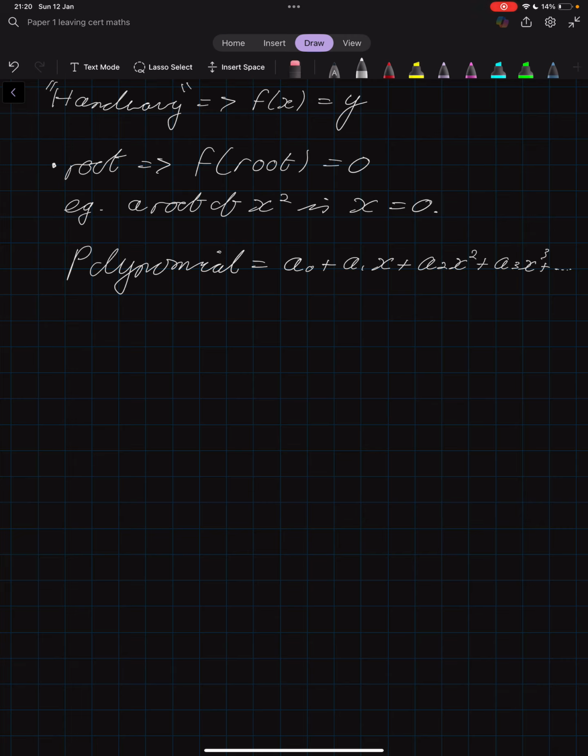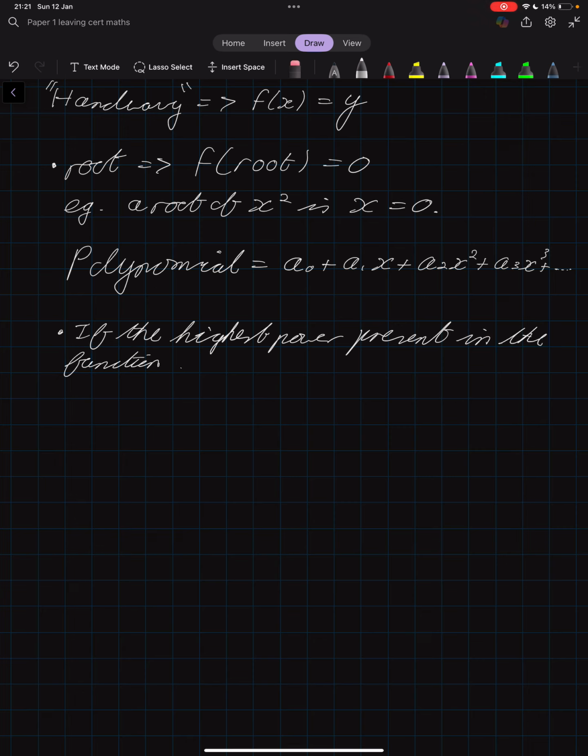Okay, if the highest power present in the function is odd.